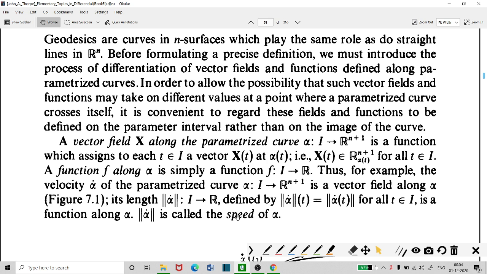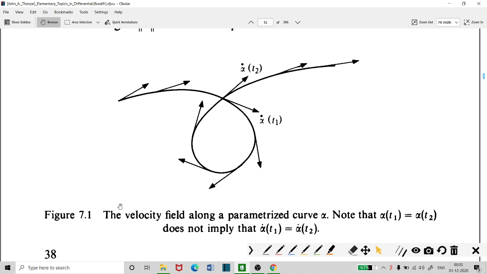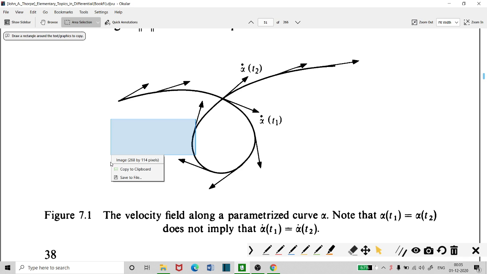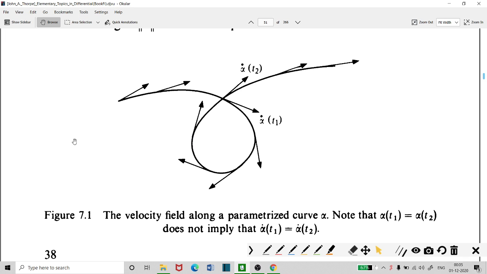This is an example of a parameterized curve and a vector field alpha dot of t defined on it.